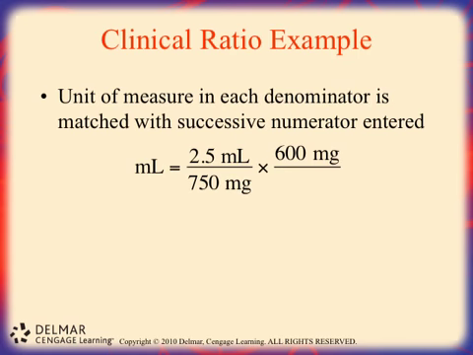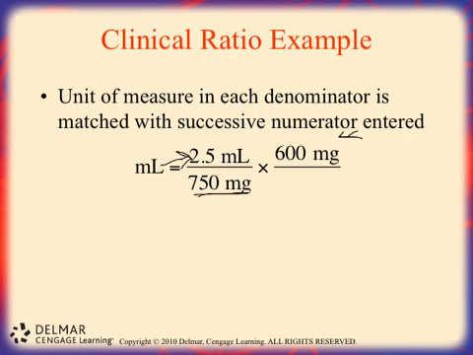As we move on to the second step, each successive ratio, the numerator, the label must match the denominator of the previous ratio. So you can see that we've got a pattern going on here. We started with milliliters and our numerator had to be in milliliters.